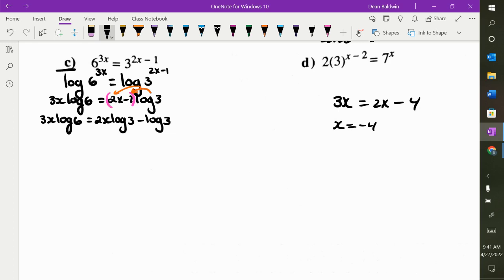That is what you do: get everything that has an x in it to the same side. So I'm going to move this 2x log 3 over to the other side. Now I've got 3x log 6 minus 2x log 3 is equal to negative log 3.